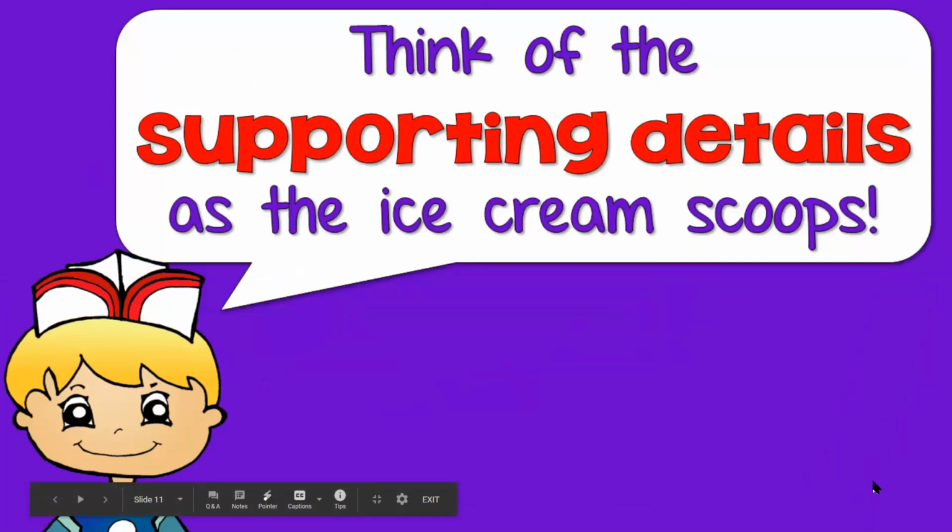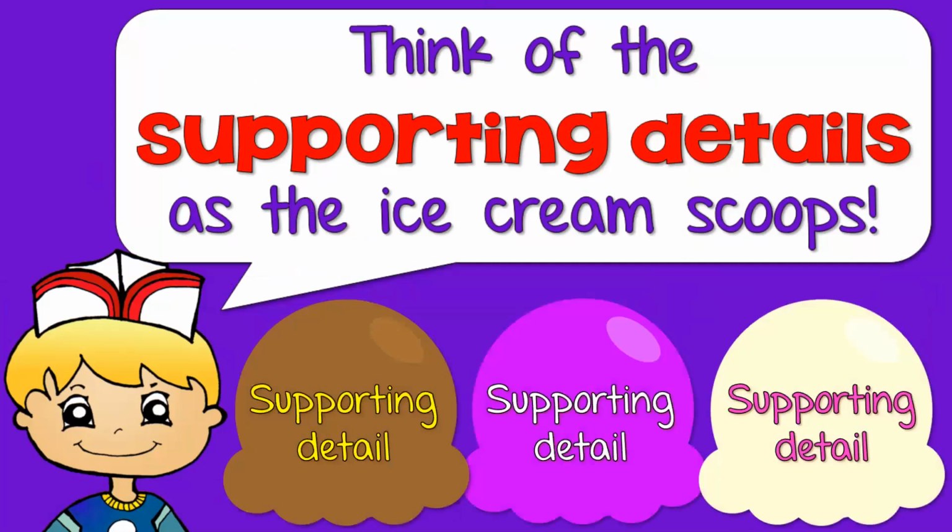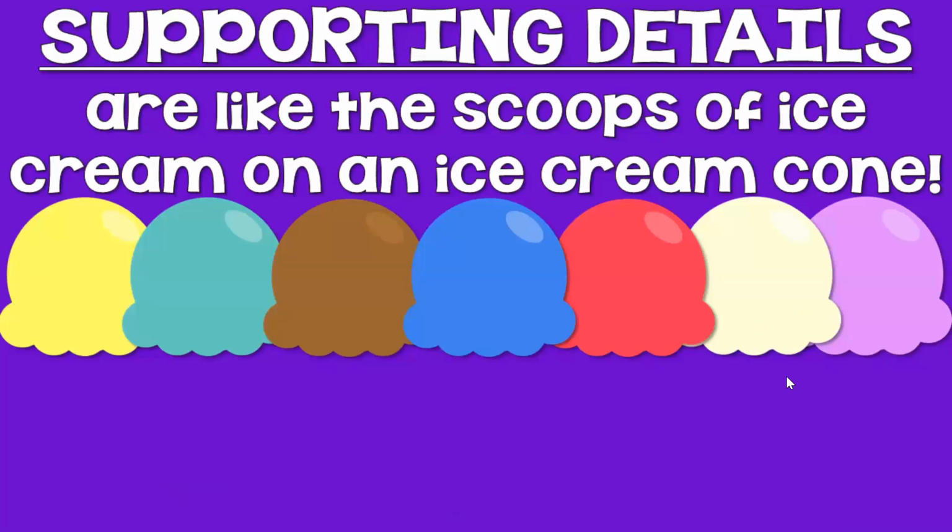Think of the supporting details as the ice cream scoops. We're going to have 3 scoops of ice cream. Each scoop of ice cream is going to be a supporting detail on top of a supporting detail on top of a supporting detail. Supporting details are like the scoops of ice cream on an ice cream cone.